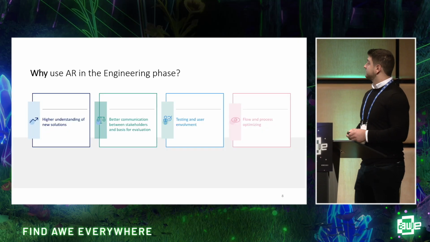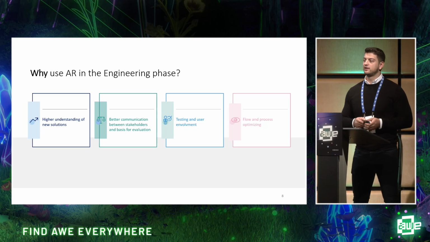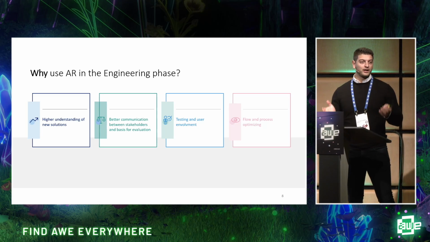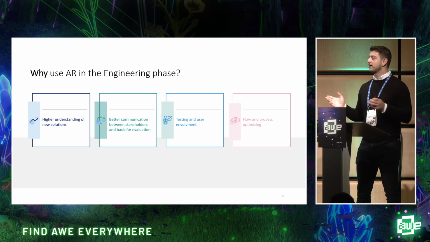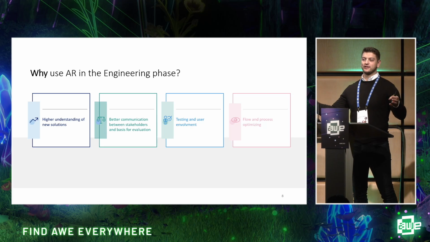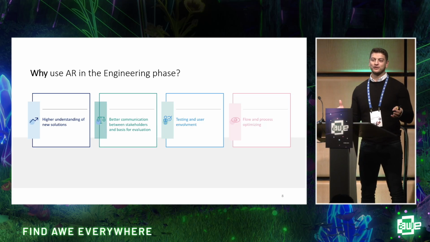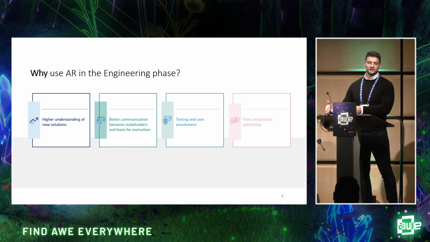Last point is flow and process optimization. I'll explain this very simply, but again, for a lot of you, it might even seem banal to mention this, but we've had projects where whole production lines are to be installed in a room where there is actually not place around the production line to feed in the material.